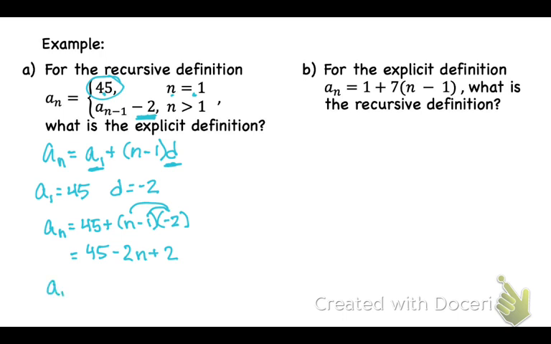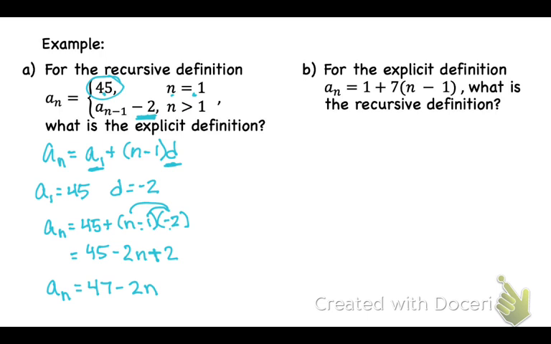So a sub n equals 47 minus 2n. Okay? Wouldn't it be 43? No, because you have a negative and a negative as a positive, so you have 45 plus 2. Because we're subtracting, so our numbers are going to get smaller.